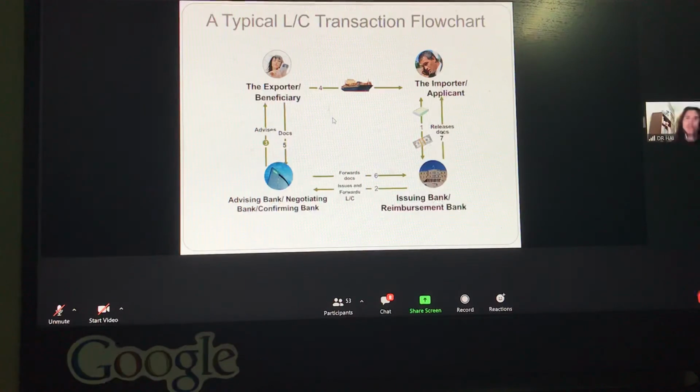Also, issuing bank checks the documents and issuing bank stated the documents are CP. But you cannot receive the goods because the issuing bank goes bankrupt. What do you think? Does it happen?